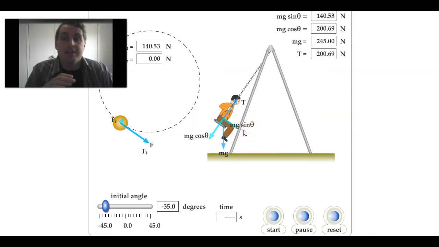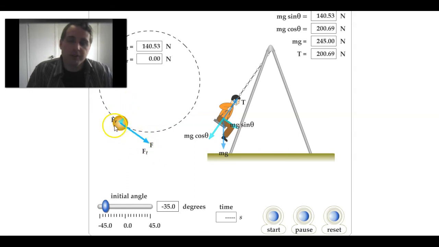So sine is an increasing function of theta as theta goes from 0 to 90 degrees. And that means this force that brings us down towards equilibrium is greatest when we're maximally extended from the origin. So notice the entire force right now is going to be tangential force only.